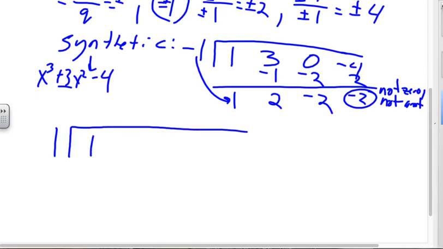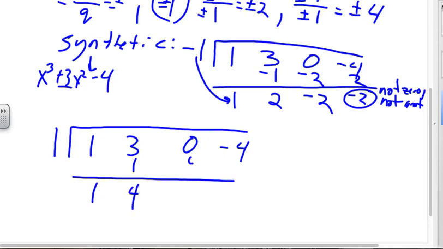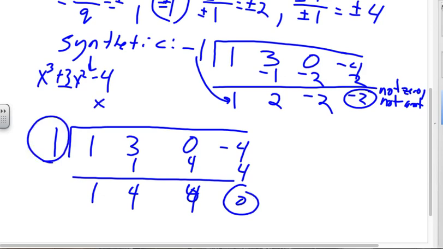I've used 1, 3, 0, and -4. Bring down the 1, times 1 is 1, gives me 4. 1 times 4 is 4, that gives me 0. So this tells me that x equals 1 is a zero, because my remainder is 0.